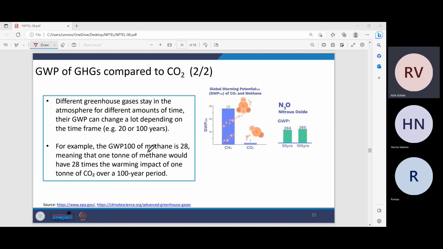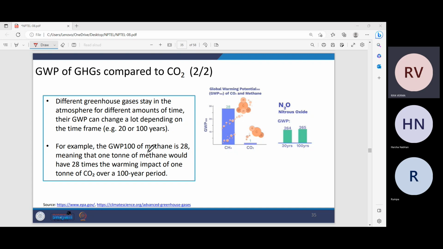As discussed earlier, the lifetime of different greenhouse gases is different. For example, methane tends to stay for approximately 12 years, while CO2 stays for a longer period of time.